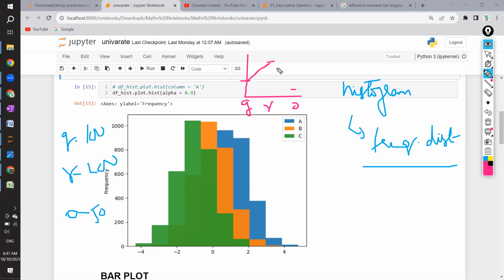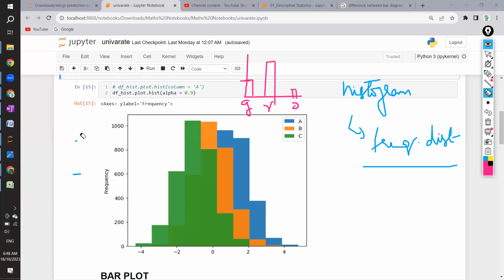If you join them it will be something like this, or if you don't want to join, green will be this, red will be this, orange will be this. Because here you have fixed categories and the frequency of each category, this graph is easier to draw if the value is categorical.